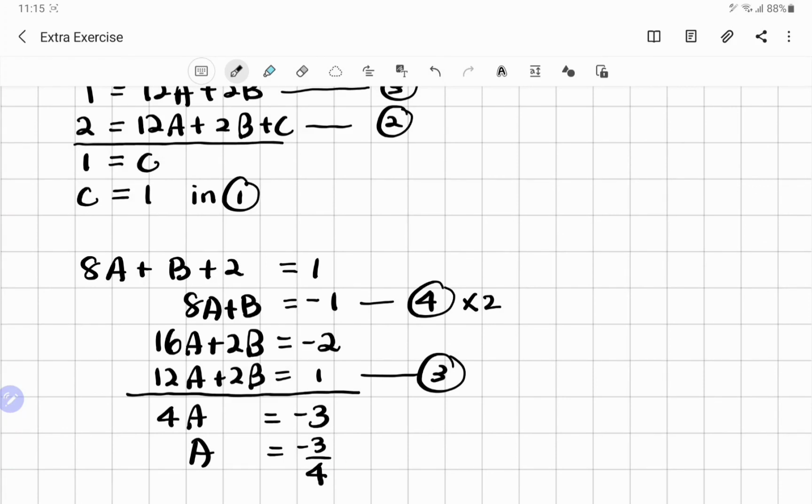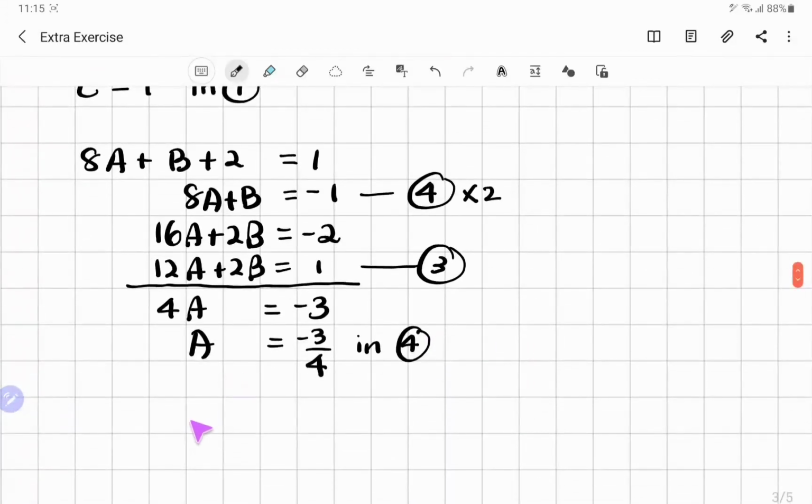Let us substitute negative 3 over 4 into the fourth equation. 8 times a, where a is negative 3 over 4, plus b equals negative 1.